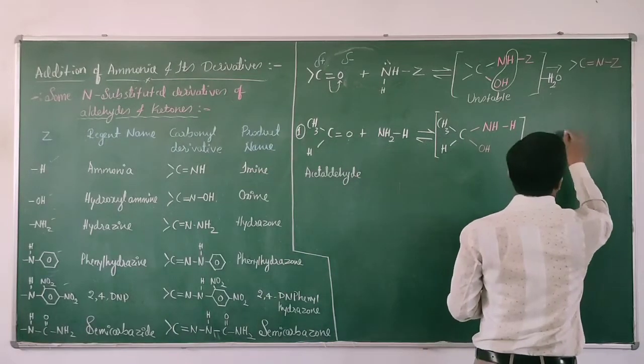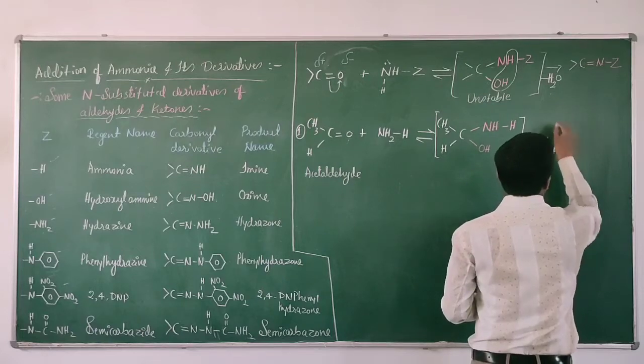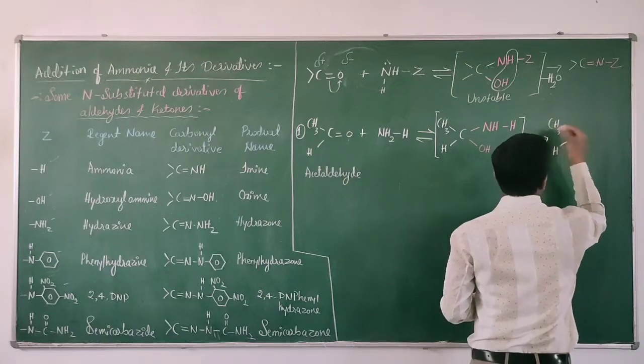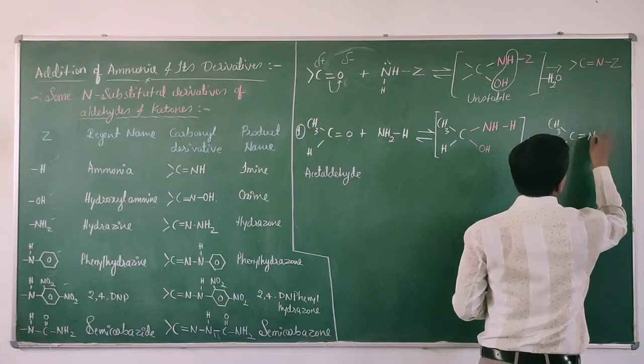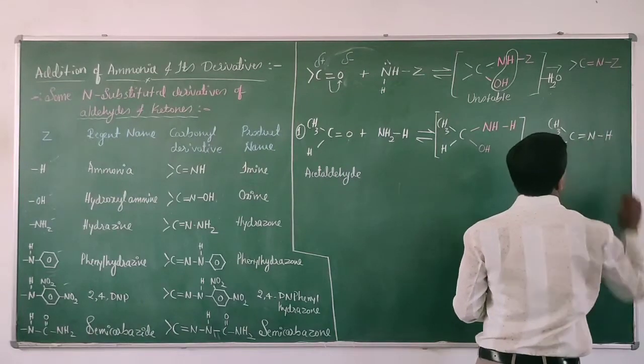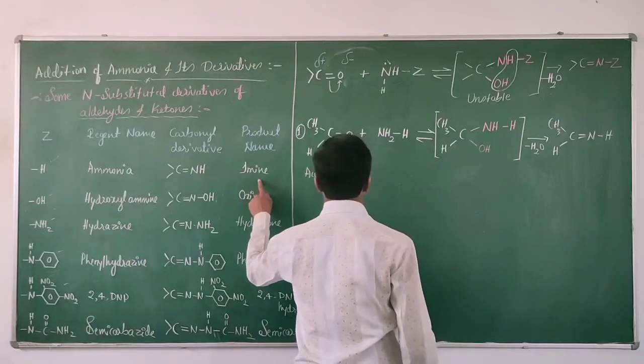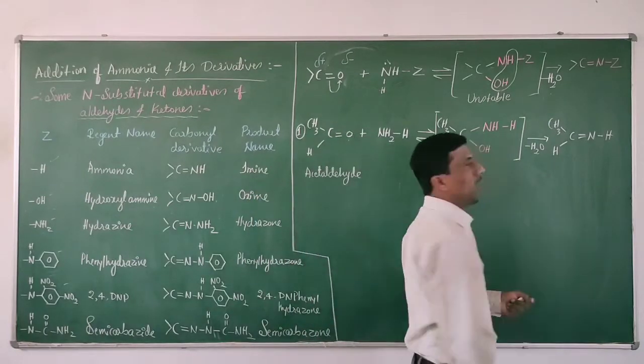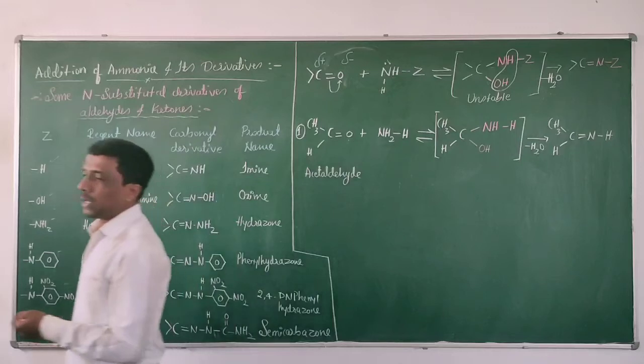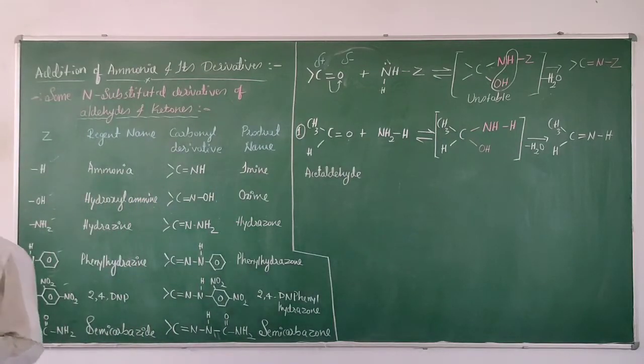Here we will have CH3 and the final one, H. The name of that compound is imine, acetaldehyde imine. Corresponding imine will be formed.